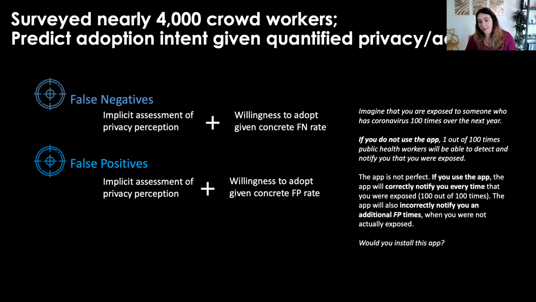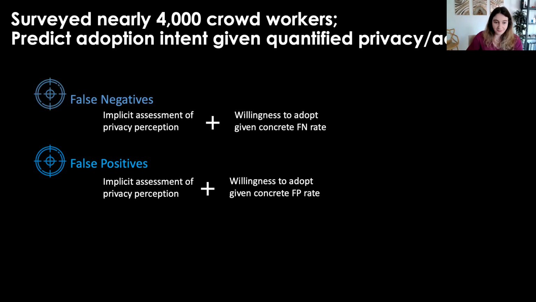If you use the app, it will correctly notify you every time you are exposed, so we have a perfect true positive rate. But the app will also incorrectly notify you an additional false positive number of times when you are not actually exposed. And recall that at this time, if you were notified that you were exposed, you were supposed to quarantine. So there's a fairly decent potential repercussion from these false positives.